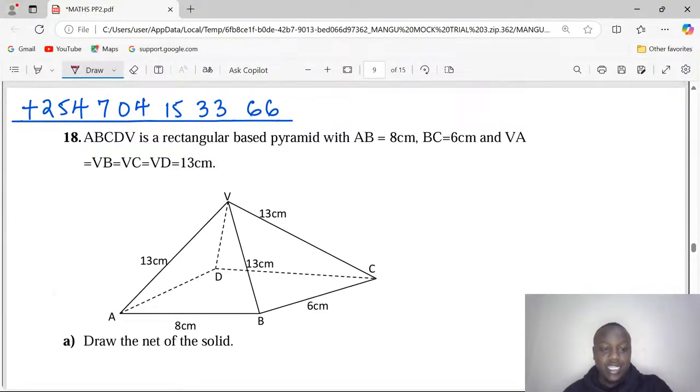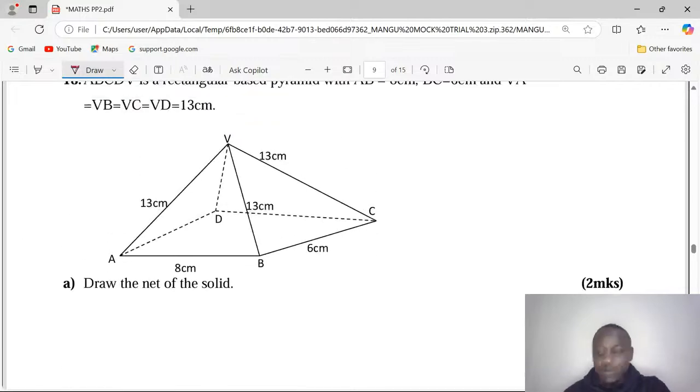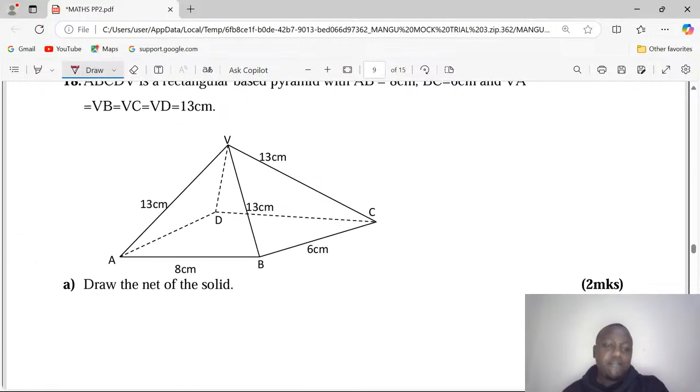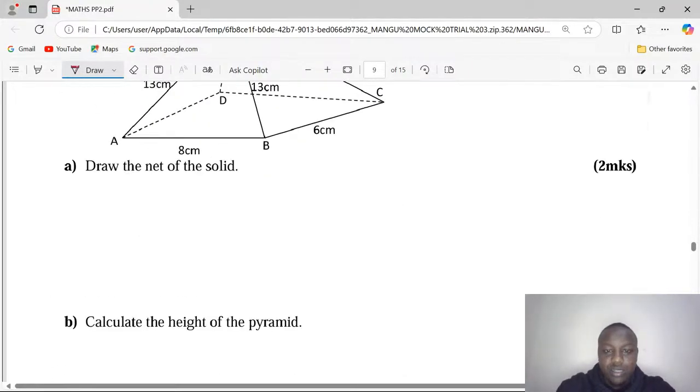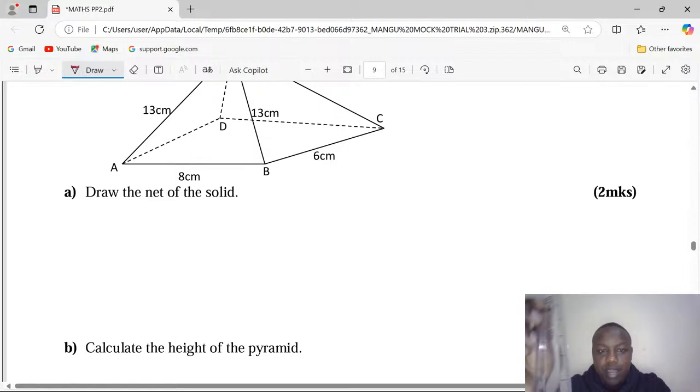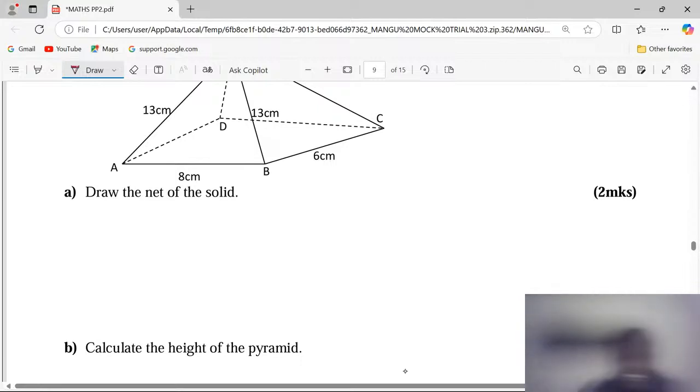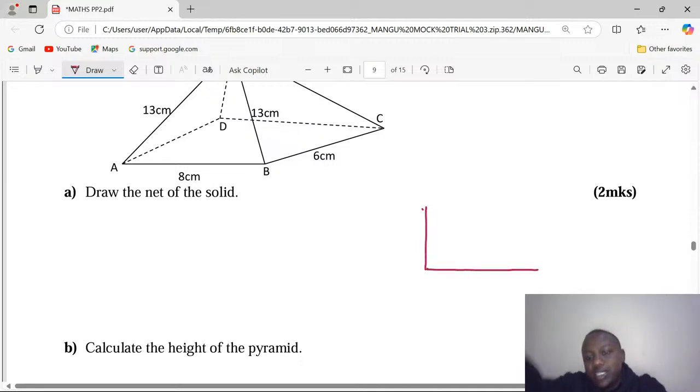Draw the net of the solid. So the first thing we're supposed to draw is the net. For us to come up with the net, we're just supposed to open up this figure and you will do a scale diagram. For my case, I'm just going to sketch it. So the net can be drawn by, first of all, drawing the base, which is rectangular, 6 by 8.